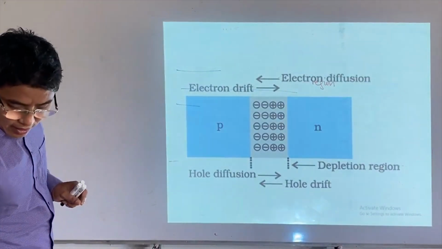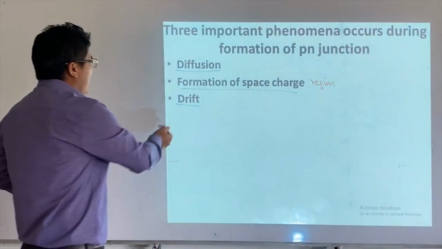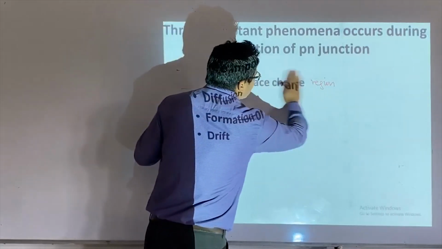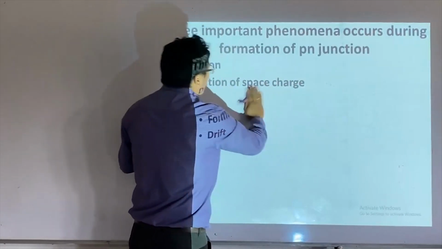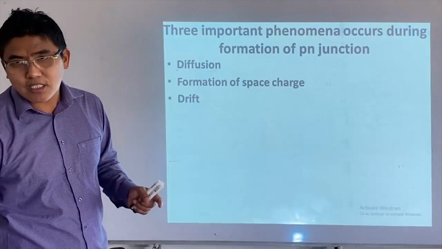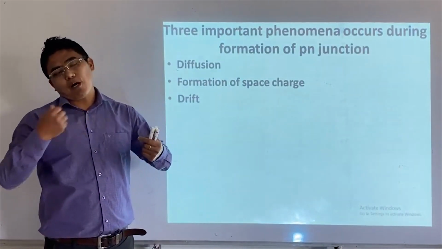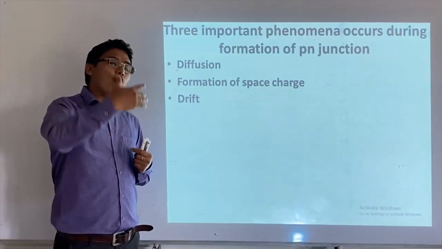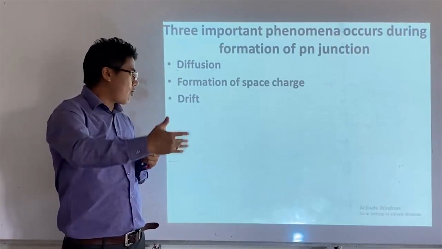Now look here. Diffusion is a phenomenon which occurs because of concentration gradients. Osmosis is a diffusion, right? Because of a concentration gradient, water flows from higher concentration to lower concentration.